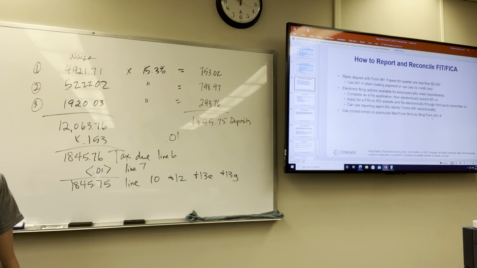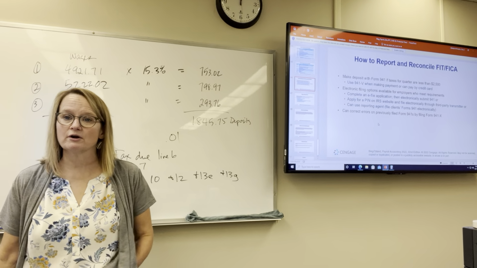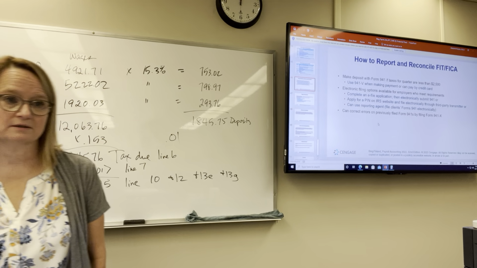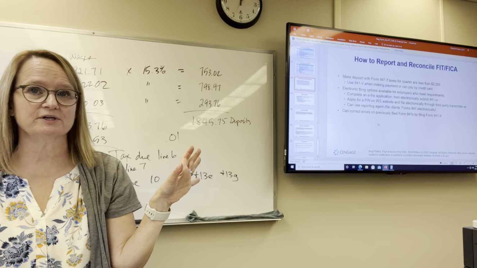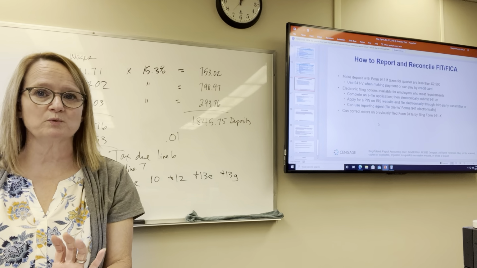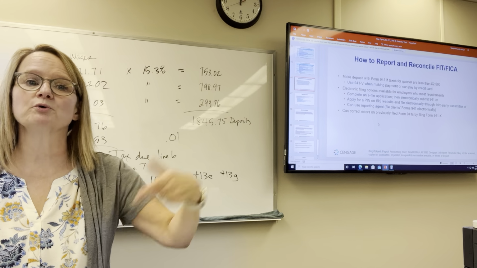There is a Form 941-X that is used for amended 941s. So if you made a mistake on a 941, and believe me, mistakes on 941s are nightmares to correct. Especially if it was for a previous year, because if you've got a mistake on the 941, chances are you also have mistakes on the W-2s if you had already issued them.